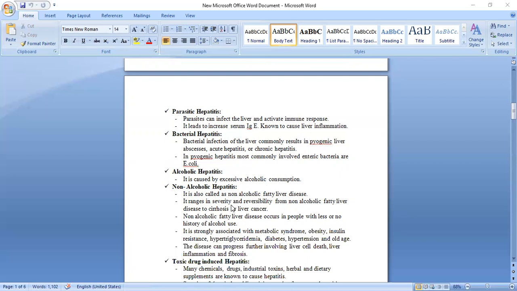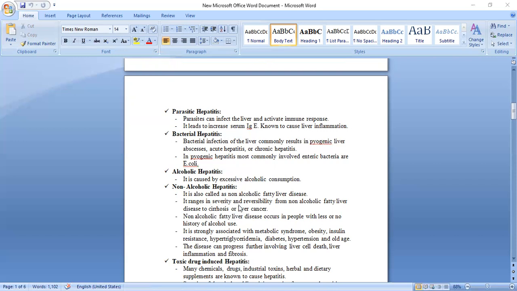It ranges in severity and reversibility from non-alcoholic fatty liver disease to cirrhosis or liver cancer. It may cause severe disease, and it also goes to the next stage that we call liver cancer or cirrhosis.